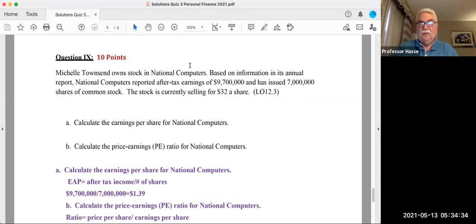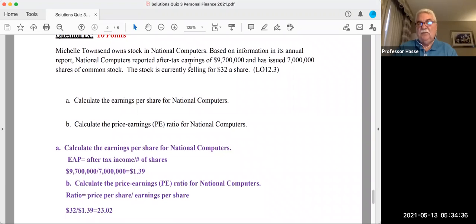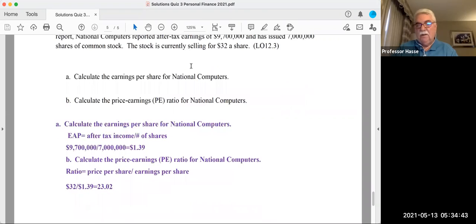The price earnings ratio is the relationship of the stock price, $32, to the earnings per share of $1.39. Thus, you get roughly a 23 price earnings ratio. The stock price is 23 times greater than the earnings per share. And that indicates whether the stock in the market's terms is over or undervalued. This is about average, could be right in between being overvalued and undervalued.